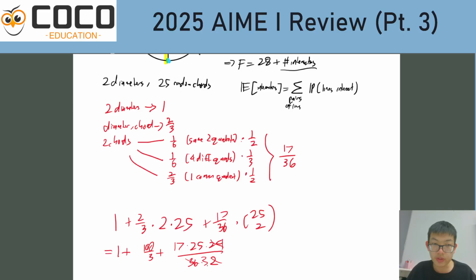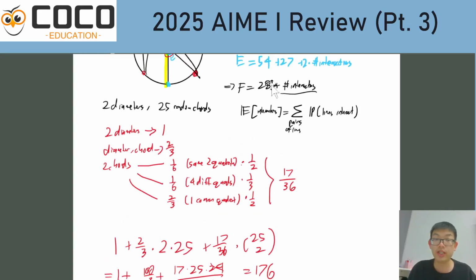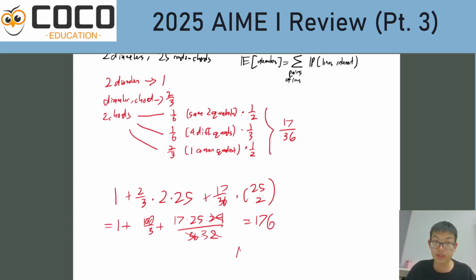There will be a 3 below, so it would be 425 plus 100 is 525, over 3 is 175. Great, so this is actually an integer, so I think I've not messed up. 176 is not your answer. Don't forget to add 28 at the end. So 204 is our answer.